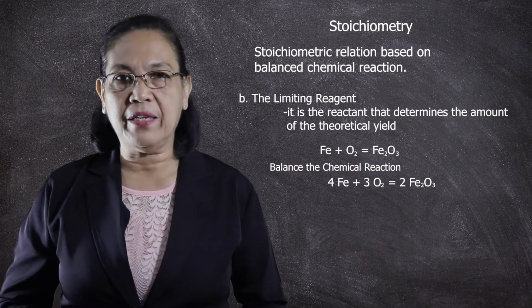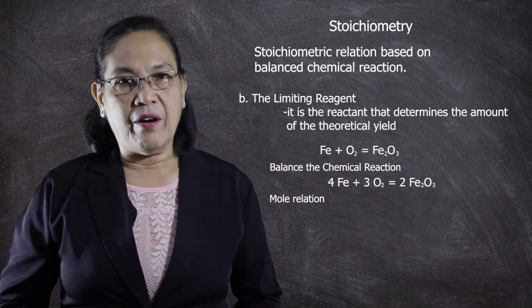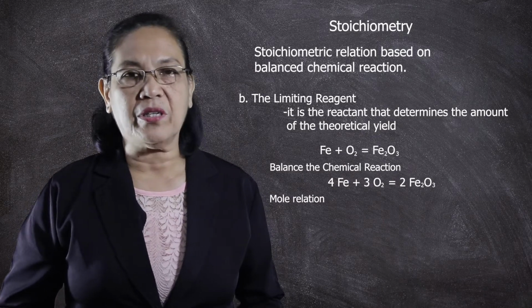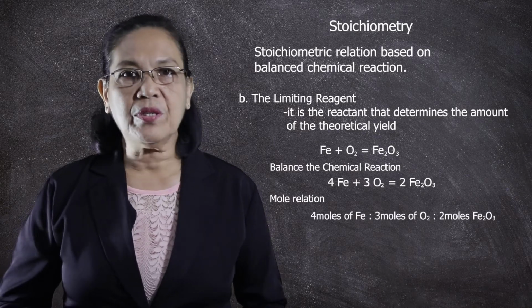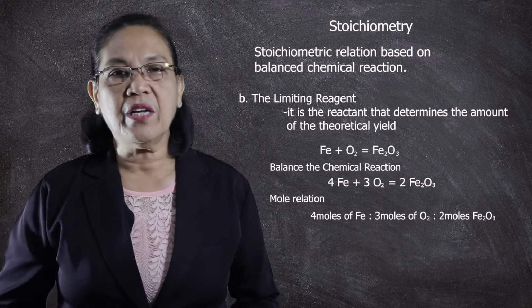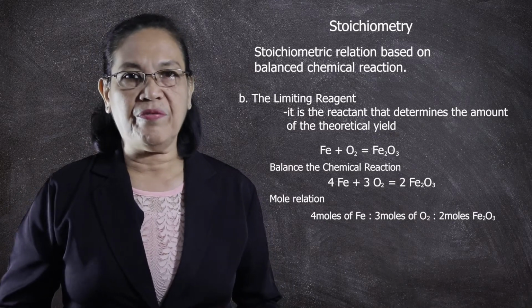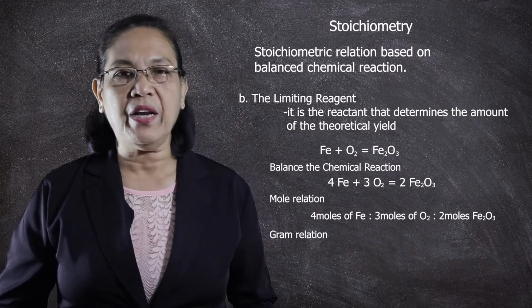The second step is to establish the mole and gram relation. Based on the balanced chemical reaction, the mole relations are 4 moles of iron is to 3 moles of oxygen is to 2 moles of ferric oxide. Then establish also the gram relation.